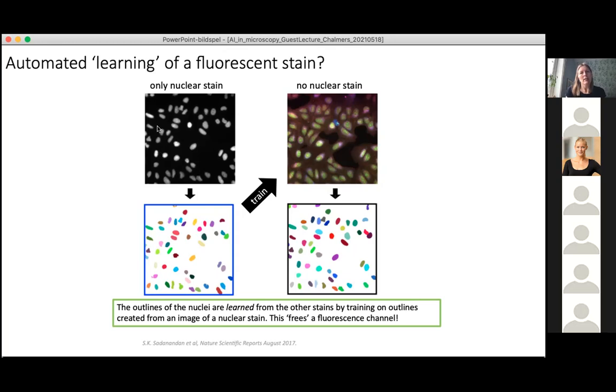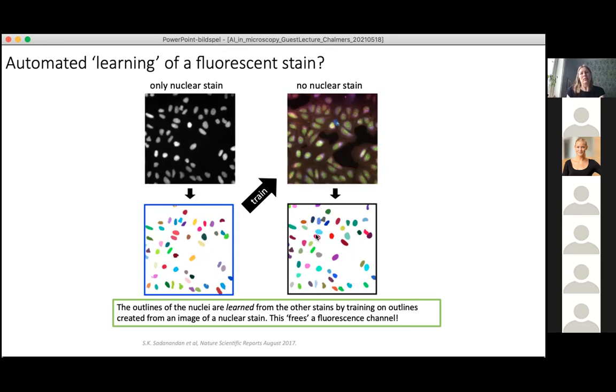And what you see here is a nuclear stain. And on this side, you have a lot of other stains, but no nuclear stain. But as you can see, it's kind of easy to still imagine where the nuclei are located. So again, we can train with this as a segmentation mask, and this is the input, and then learn where the nuclei would be located.